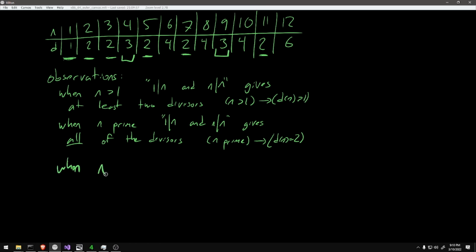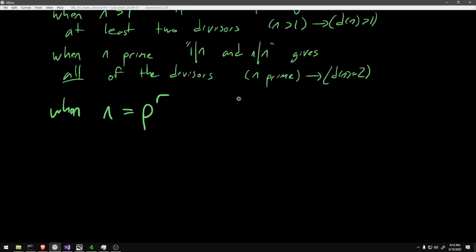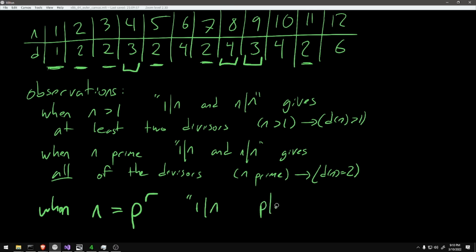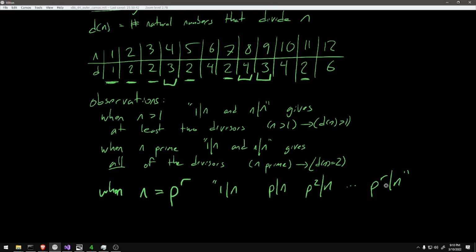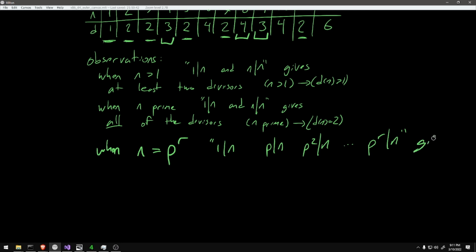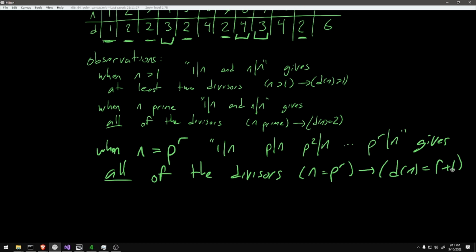Then extrapolating from that, I notice that if n is some prime power, so it's a prime multiplied by itself multiple times, so 2, 4, 8, 16, or 3, 9, 27, or whatever, then if it's p to the r, as I wrote down here, the number of divisors will be r plus 1, because you have 1, p, p squared, all the way up to p to the r. So that's r plus 1 different divisors, and it can't have any other divisors because it can only be divisible by p and the powers of p.